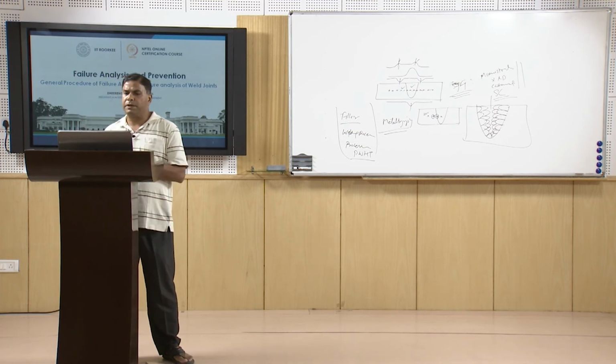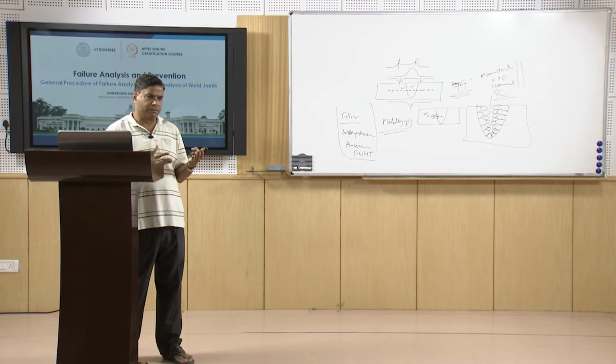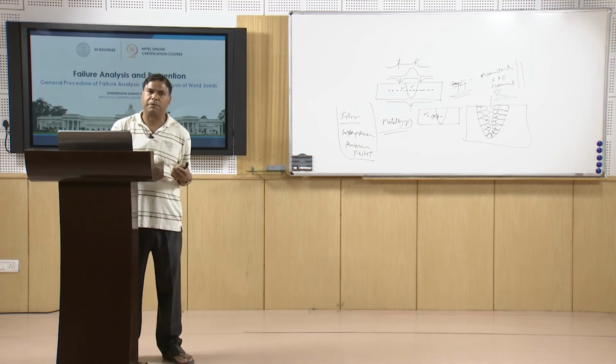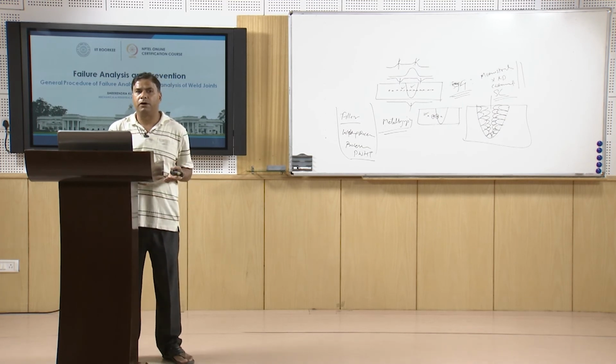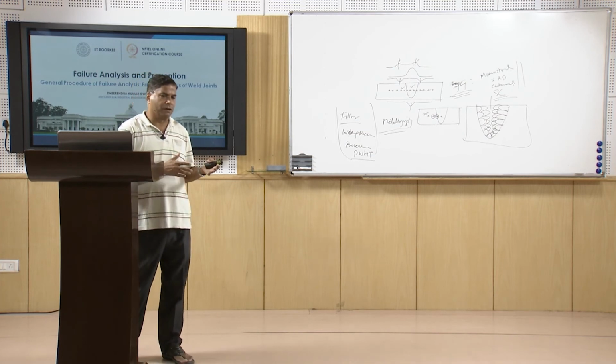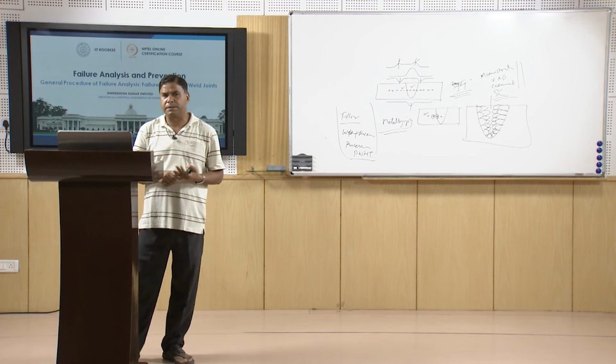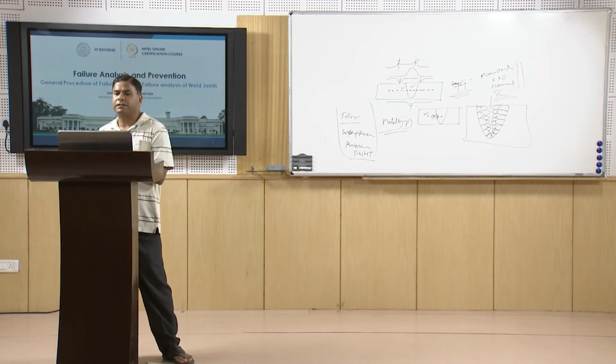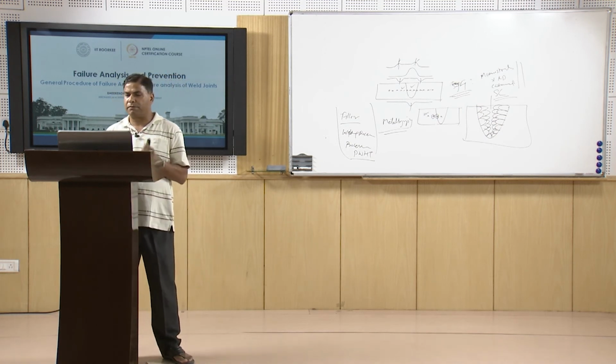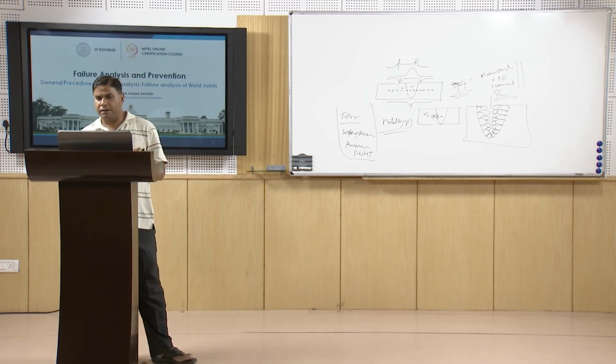Then microscopy: if there is any presence of martensitic structure which will make the joint brittle, or any presence of unfavorable phases or formation of some undesirable precipitates in the weld or in the heat affected zone, that will degrade the performance of the weld joint, which may not be fit for given service conditions.